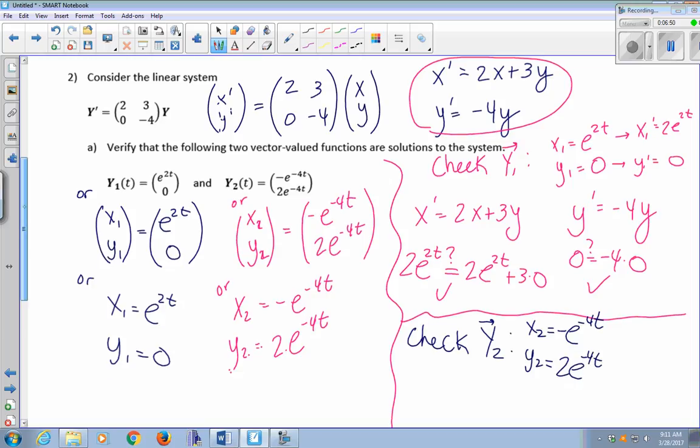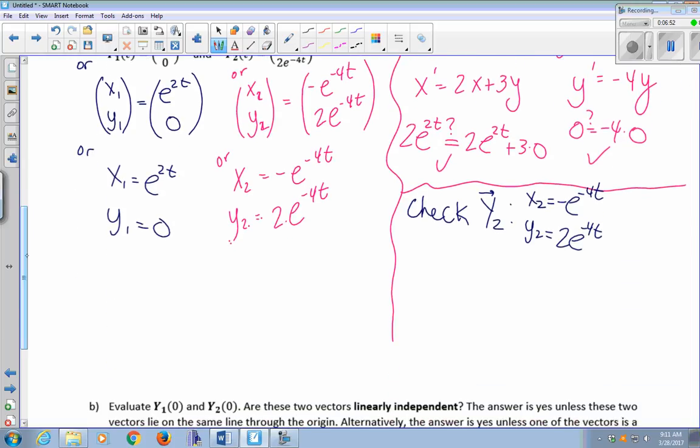Before I start trying to plug into equations, let's take the derivatives, right? So x2 prime, what's the derivative of negative e to the negative 4t? 4e to the negative 4t. And then we'll take the derivative of y2, and that would be negative 8e to the negative 4t.